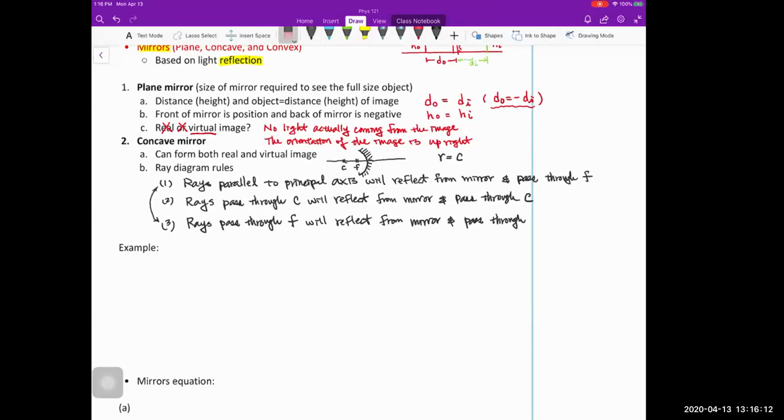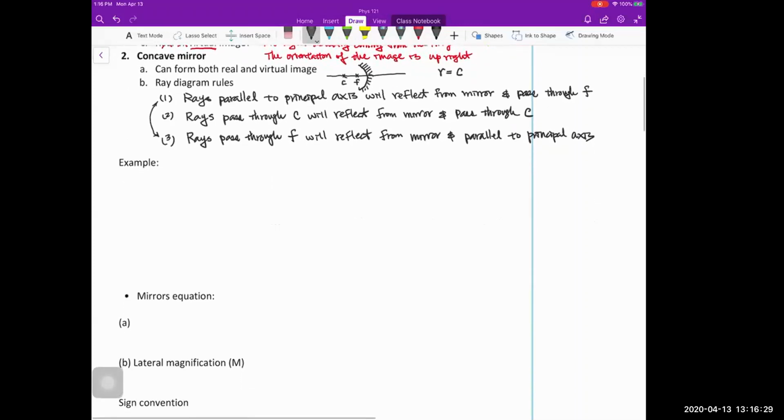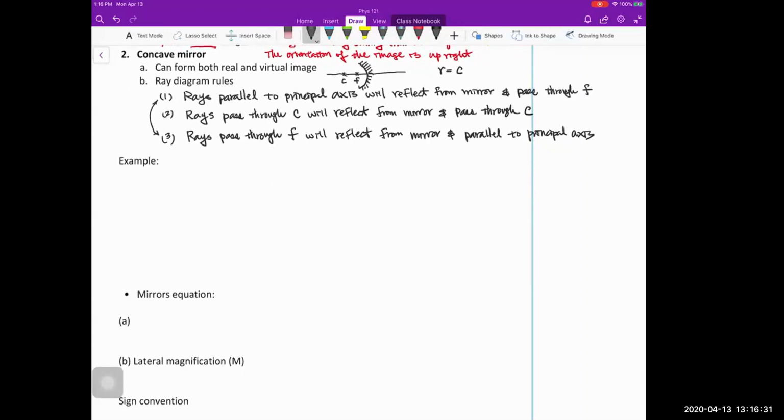Okay, very simple rules, and let's just do one example over here. Kind of a review, we did this already, but let's just do this one in a very quick way. So first thing I do is let me just draw a simple line here.